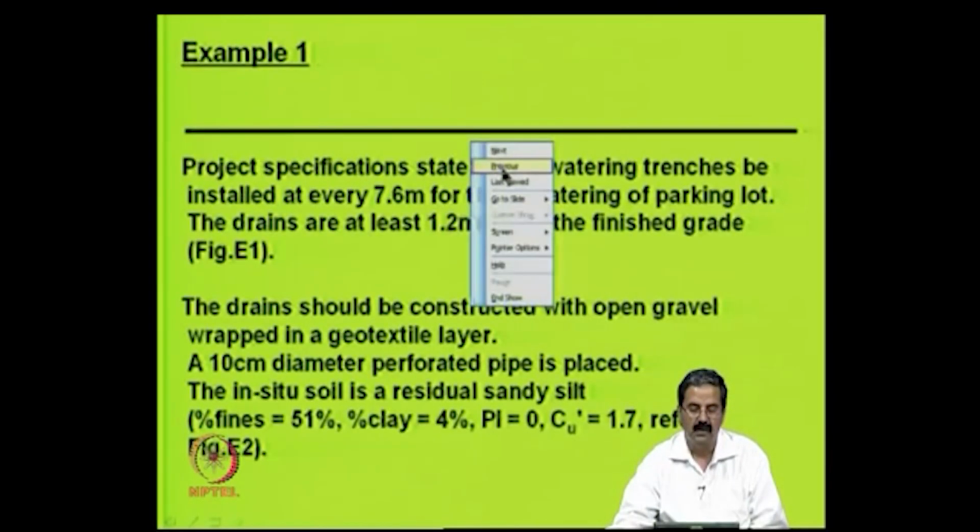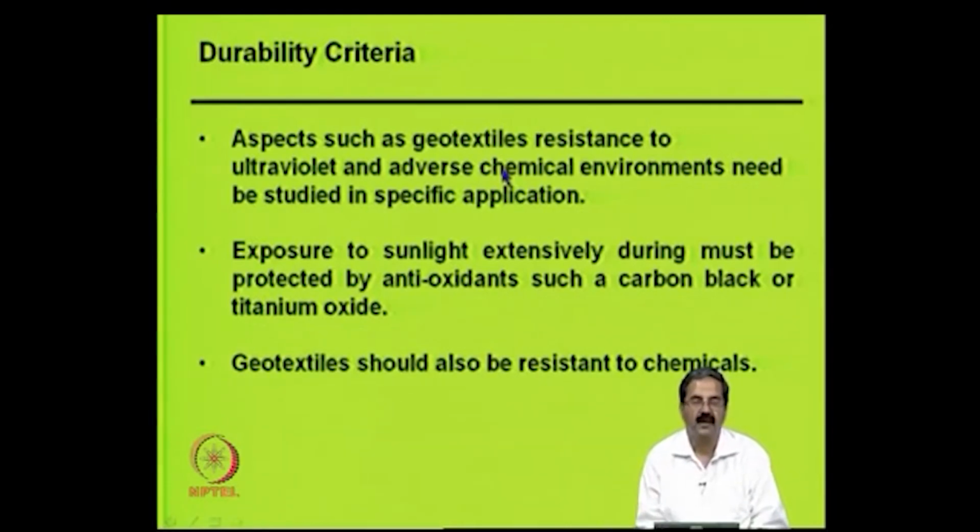So, what I would like to say is that these 5 criteria are very important. One is the soil retention criteria, permeability criteria, anti-clogging criteria, then survivability criteria and durability criteria. Once all these criteria are satisfied, then it is fine.